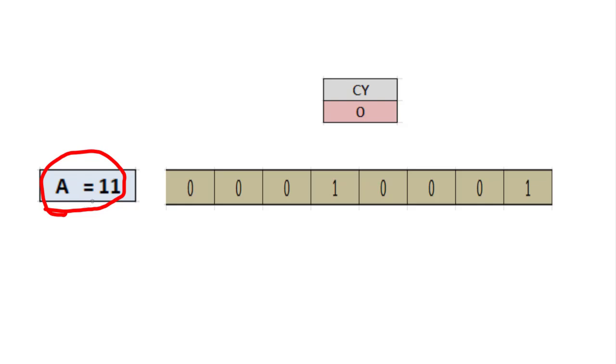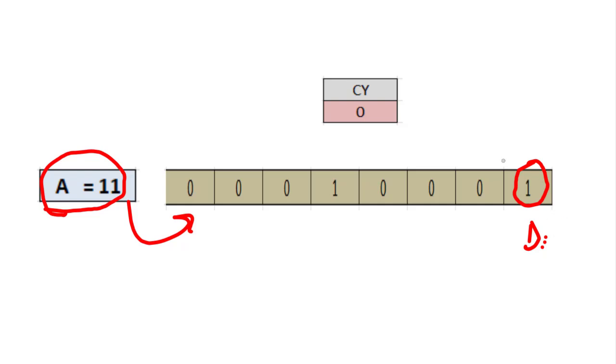If we write 11 in binary, 1 is 0001 and 1 is again 0001. Now this bit, the D0 bit, the rightmost bit, will tell whether the data is odd or even.